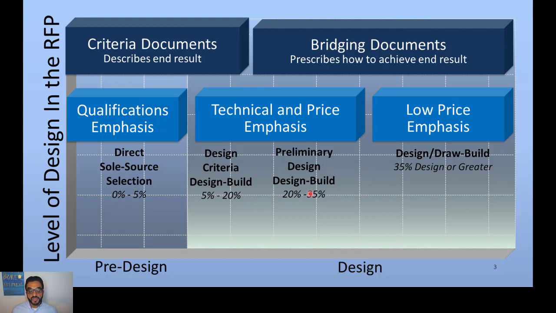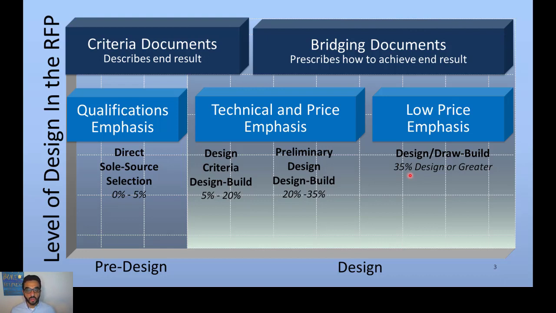Now, if the owner decides to put more effort into design with their own private architect and engineer, that will make them develop the bridging documents further, up to a level of 35%. So that will allow them to push for selecting based on lowest price.